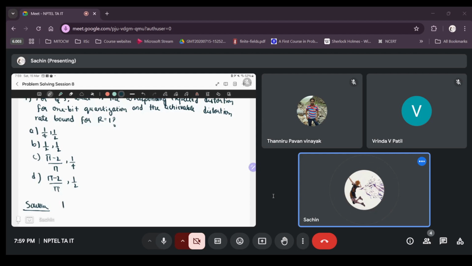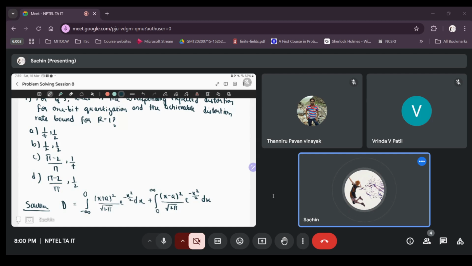So the expected distortion is the integral from minus infinity to 0 of x plus a whole square by square root of 2 pi e power minus x square over 2 dx, plus the integral from 0 to infinity of x minus a whole square by square root of 2 pi e power minus x square by 2 dx.